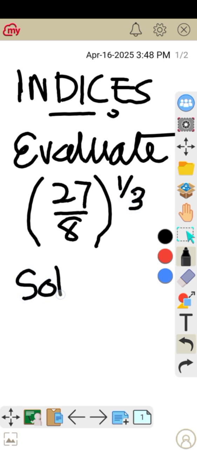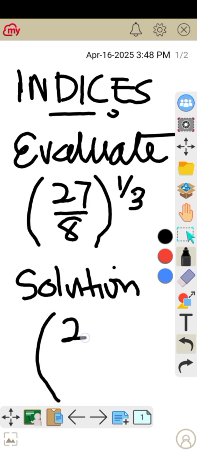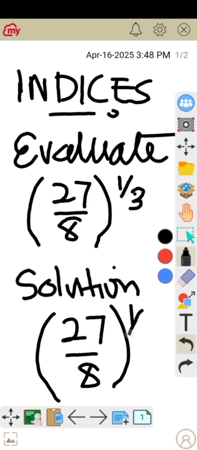Solution. In order for us to solve this, what I normally advise my students to do first is, in every question there must be a clue. It is left for you to unravel that clue for you to be able to solve the question.